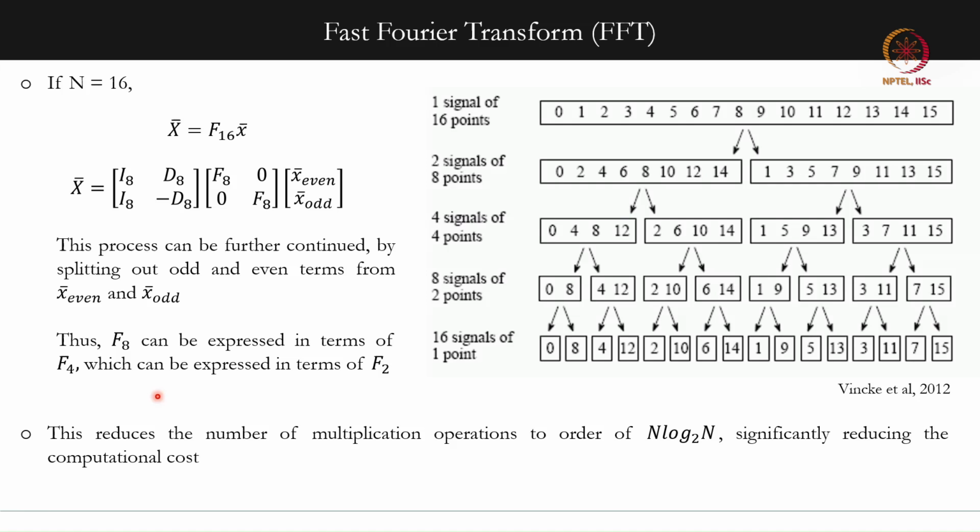And we can mathematically show that the number of multiplication operations actually needed to compute the projection vector using this method, iteratively reducing the order of the DFT matrix, is of the order of n log n, and that is significantly lower than the number of steps involved in computing the projection vector by multiplying the DFT matrix directly with the data vector, which was of the order of n squared that we saw before.